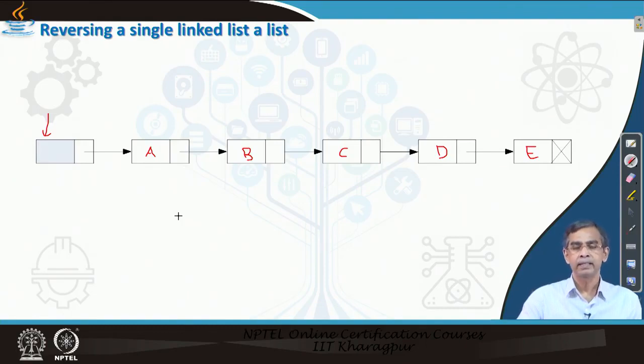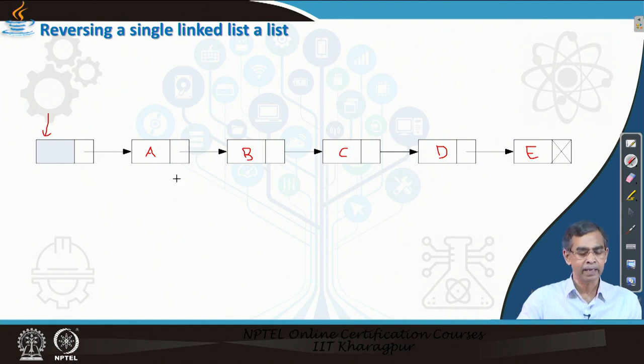If you do it, then your reversing operation is done. This method we have to repeat: delete at the end and then insert the same node at the front, till all nodes have gone through this operation.